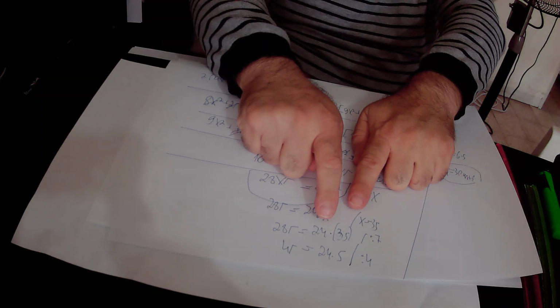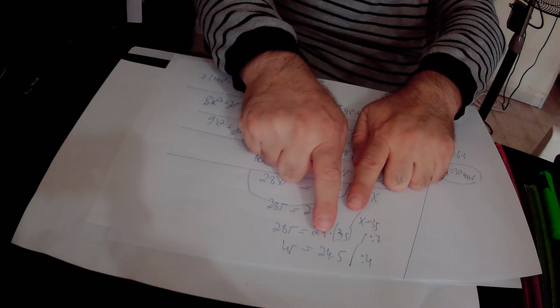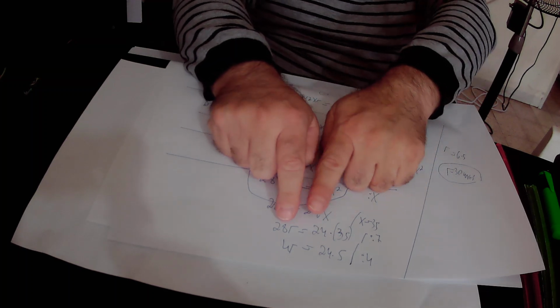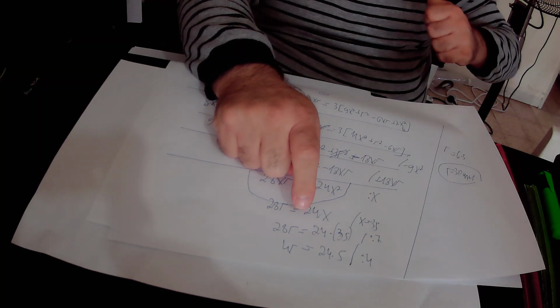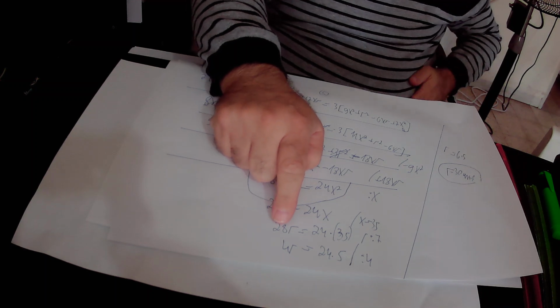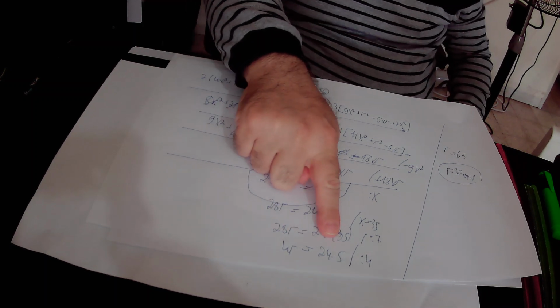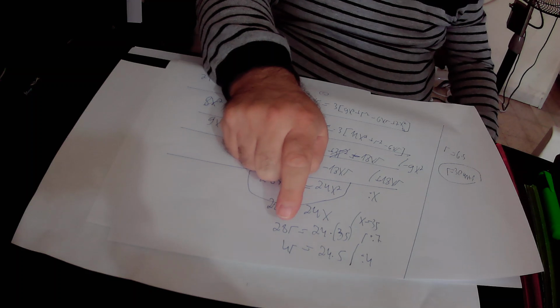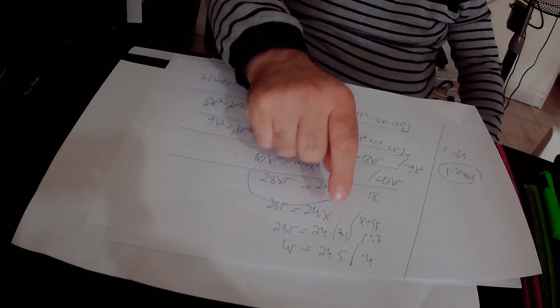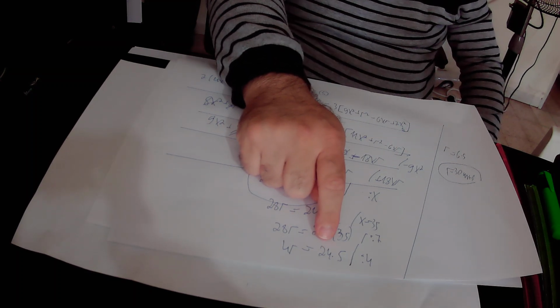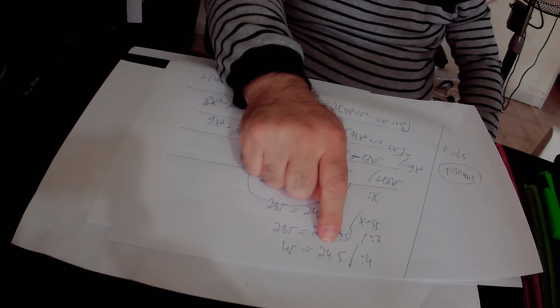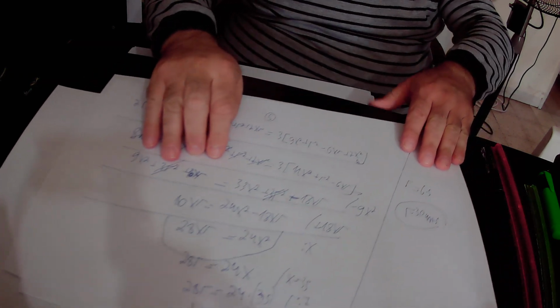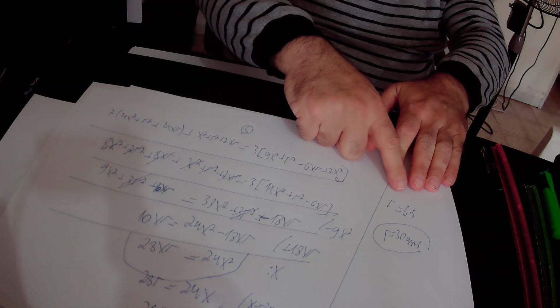So in total, we have 4r equals 24 times 5. Here we divided this equation by 4, and we found out that 4r over 4 is r, and 24 over 4 is 6. So in total, on this side of the equation, we have 6 times 5. That is to say, we found out that r equals 6 times 5.